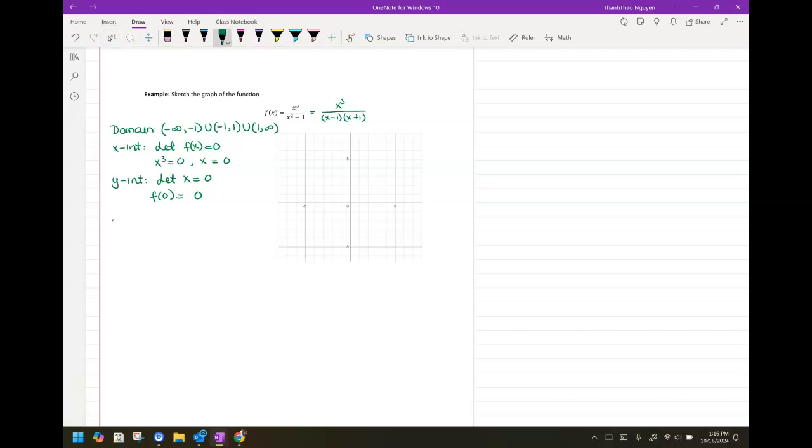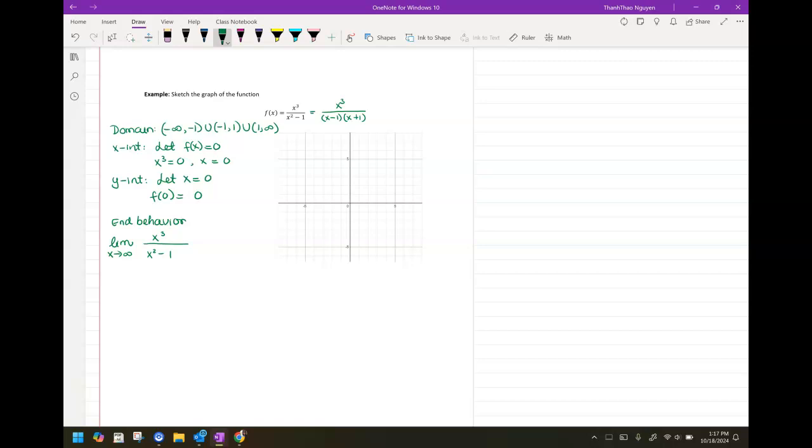Let's talk about the end behavior. Take a look at the limit as x approaches infinity of x to the third divided by x squared minus 1. Note that the degree of the numerator is larger than the degree of the denominator.